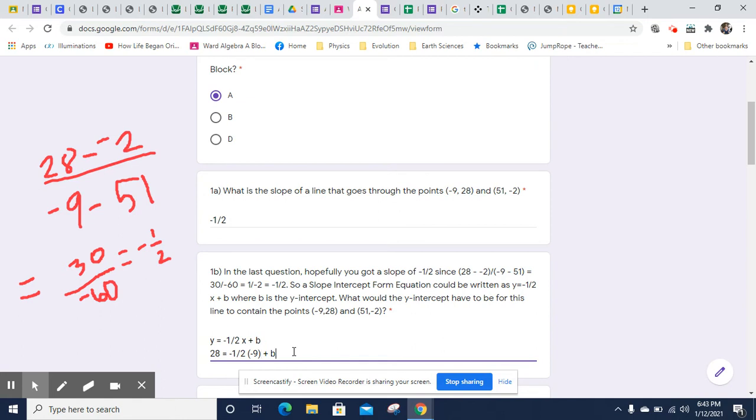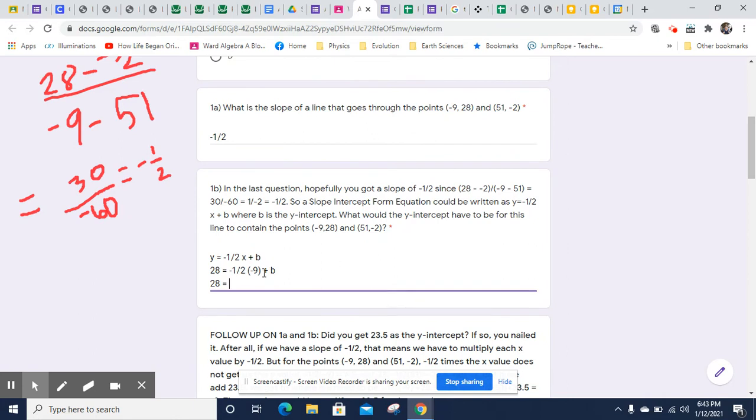So we end up with 28 equals, let's simplify -1/2 times -9. Well, half of 9 would be, of course, 4.5. And since it's a negative times a negative, the sign remains positive, so it's just 4.5 plus b.